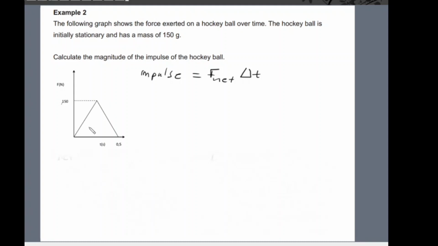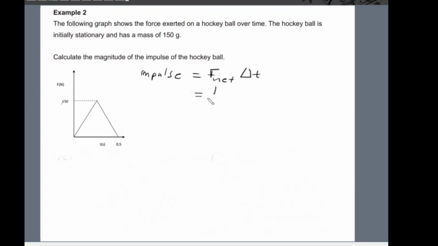We have force and we have time, and impulse is equal to the product of net force and time, so we can calculate impulse. So this is going to be the net force and time. To calculate impulse in this case, we'll calculate the area of this triangle.